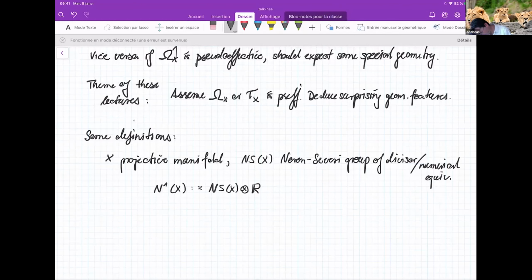Okay. So I have to work with R-divisors to make nice definitions. But of course, in practice, everything I'm going to talk about is standard divisors, you know, integral Z-divisors.